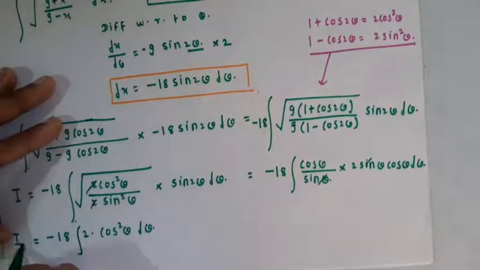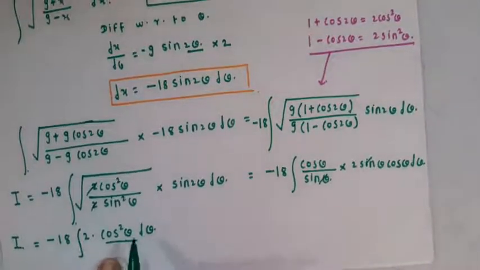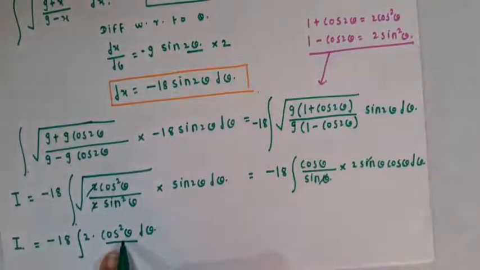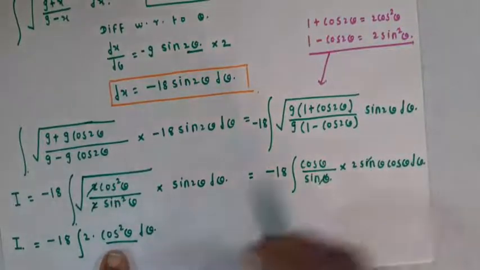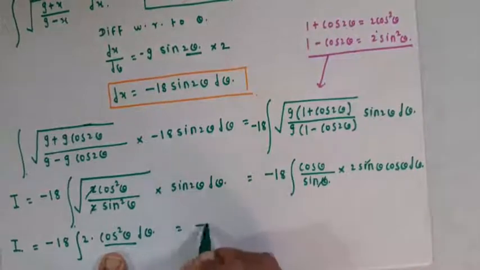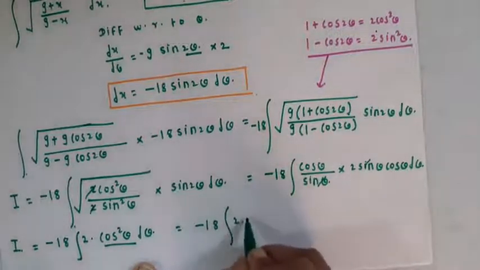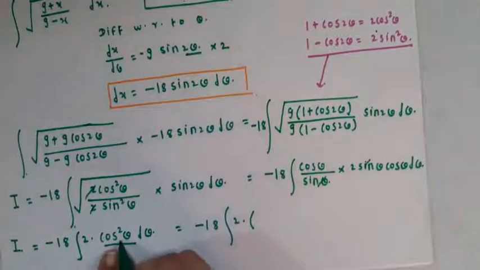This is the integration. Now students, we don't have the formula for integration of cos square theta. So this cos square theta, by using again this formula, we can write as minus 18 outside the integral, this 2 is as it is, and now put the value of cos square theta.